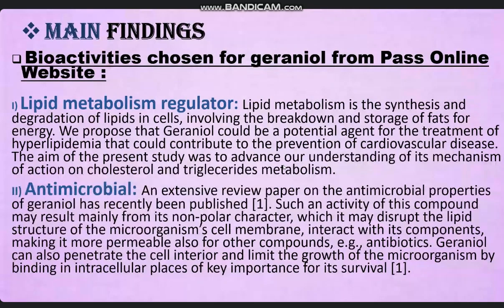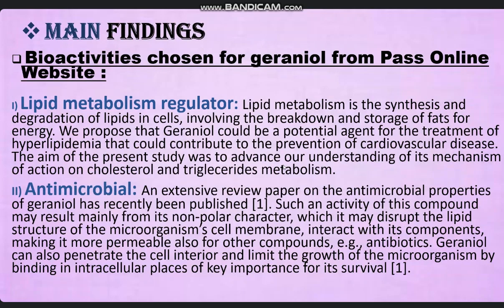The aim of the present study was to advance our understanding of its mechanism of action on cholesterol and triglyceride metabolism. Hyperlipidemia is the condition when there are high levels of fat particles, or rather lipids, in our blood. Geraniol has a potential to treat hyperlipidemia and prevent several cardiovascular diseases, and it normalizes our blood circulation.